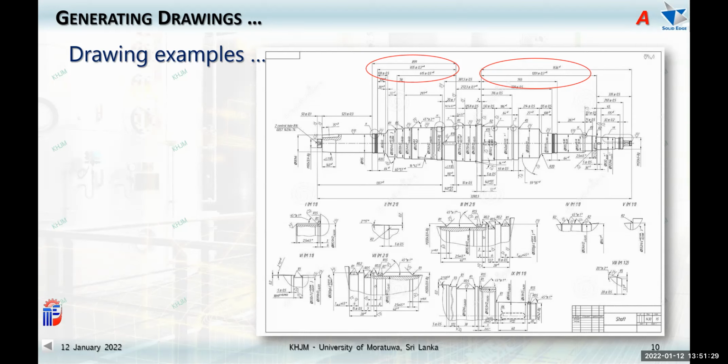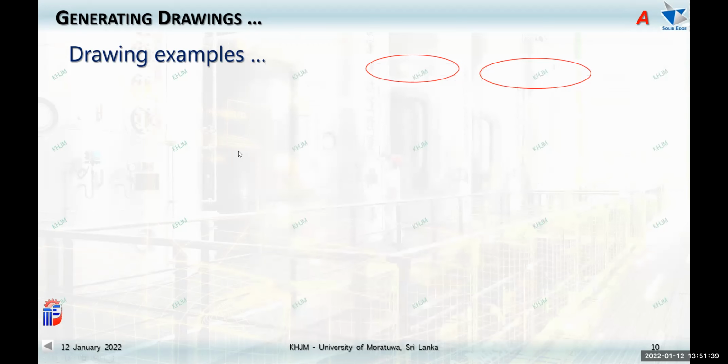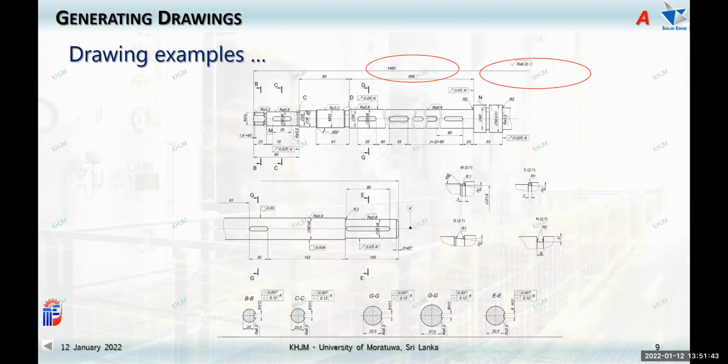And also look at the shape of the keyway. I saw even in the previous one, look at the shape of the keyway. You should know how a keyway can be cut. What are the different methods available?